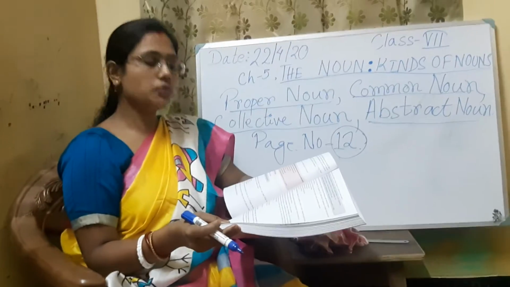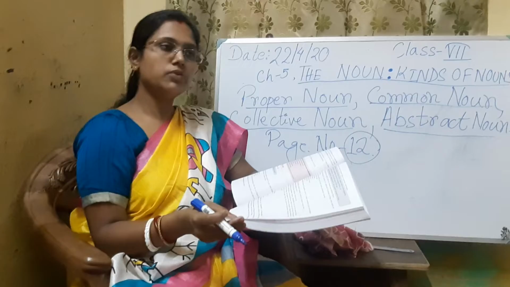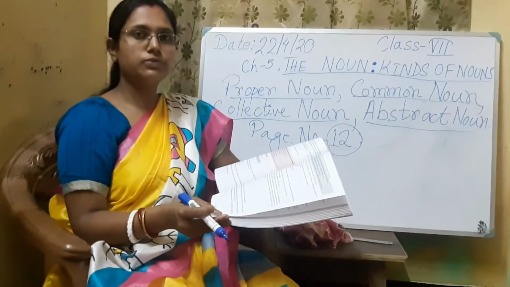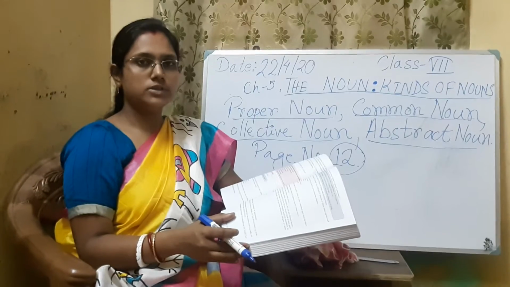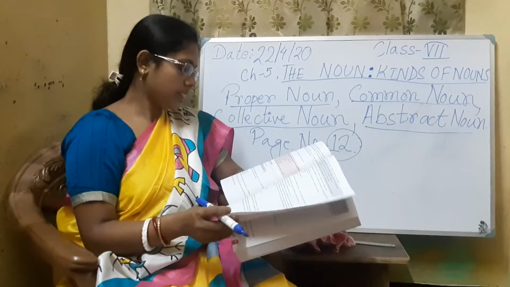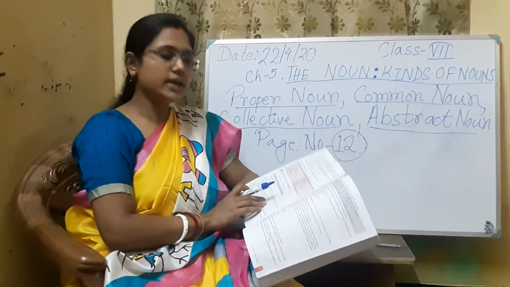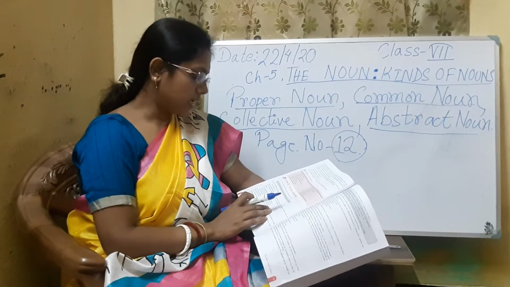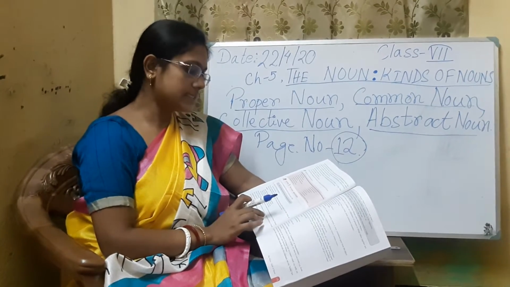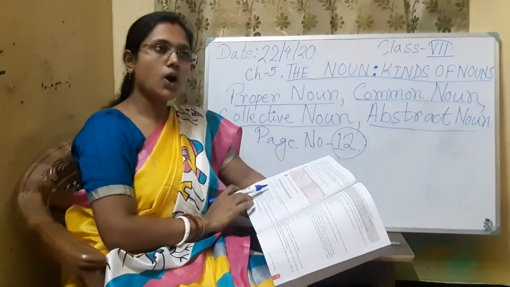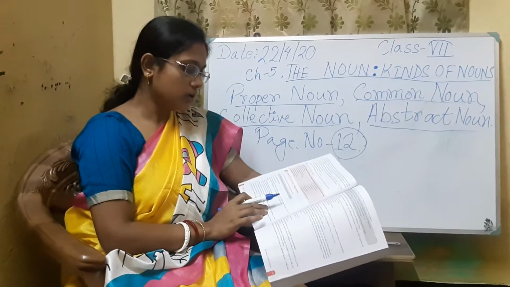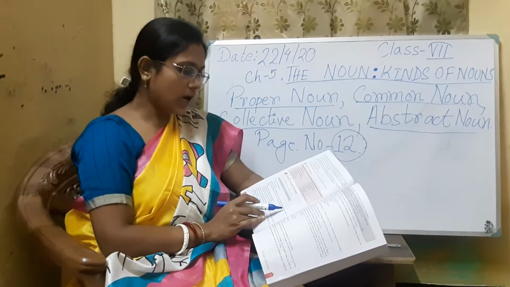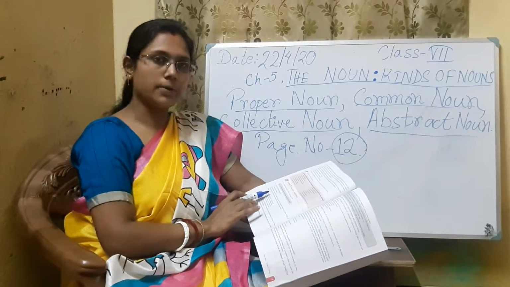A noun is a word used as the name of a person, place or thing. All of you know that a noun is used for naming a person, a place or thing. Now one example is given in your book: Ashoka was a wise king. The noun king might be applied to any other king as well as to Ashoka.